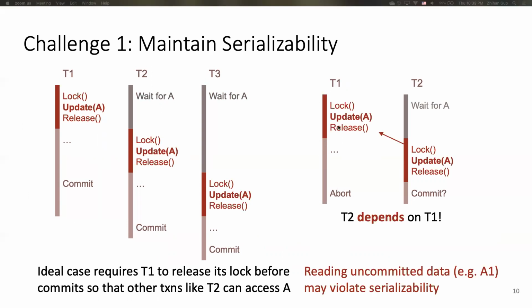For example, if we allow T2 to read T1's data before T1 commits, and then T1 aborts, committing T2 will be incorrect. Thus, the first thing we need to do is to track such dependency due to reading uncommitted data.